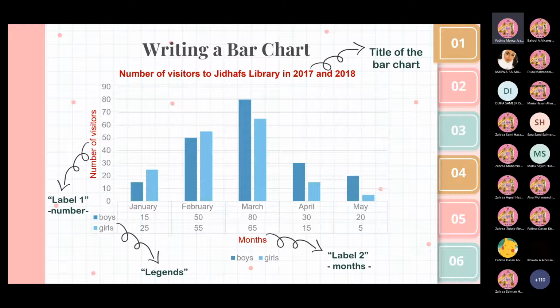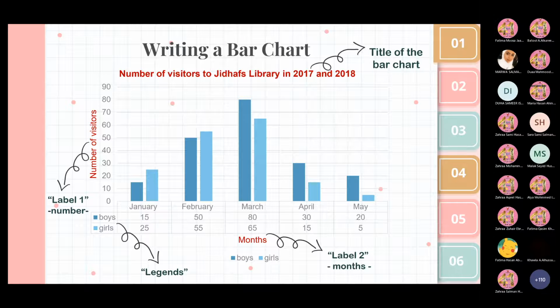Is it correct? But what is the month? Which month has the highest number? March has the highest number of boys. Here we talk about the visitors. So March has the highest number of visitors.